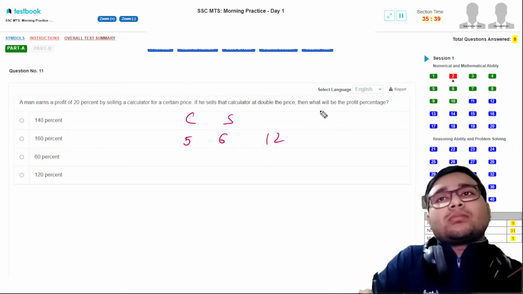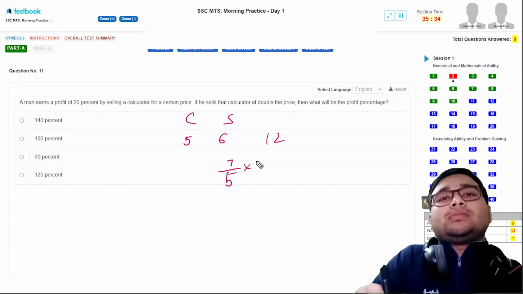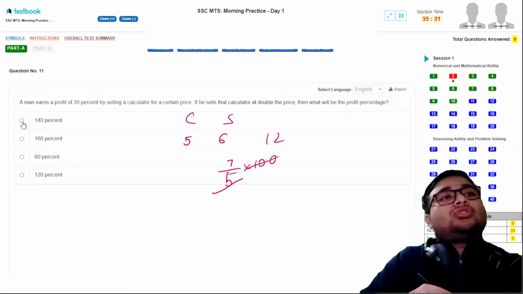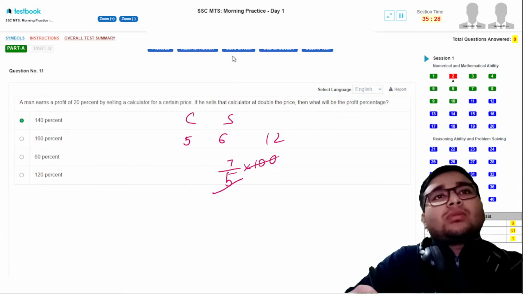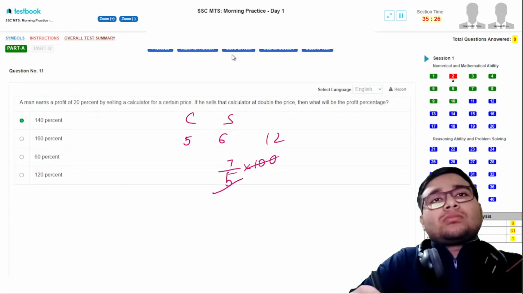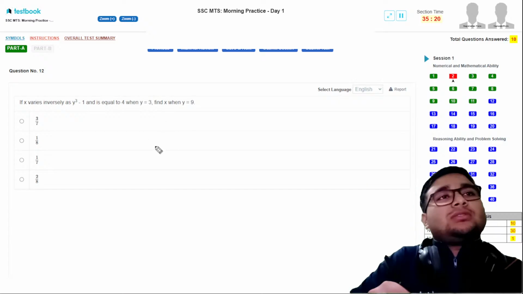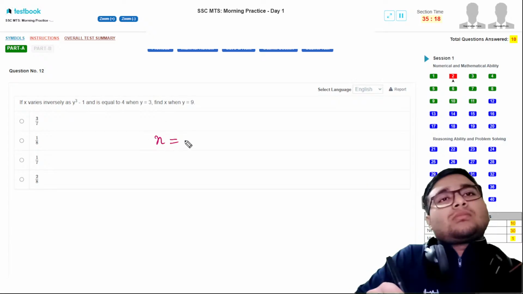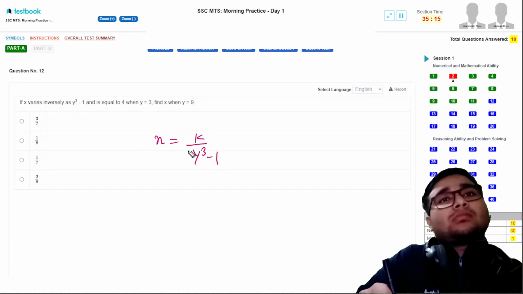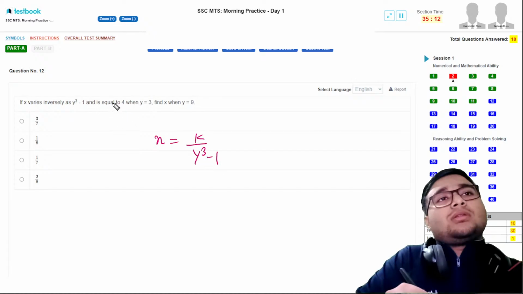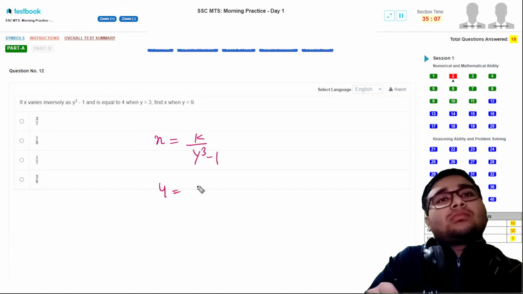Double the price. 5 6 7, 7 by 5, so 40. X varies inversely. N is equal to 4 when y equals 3, 27.